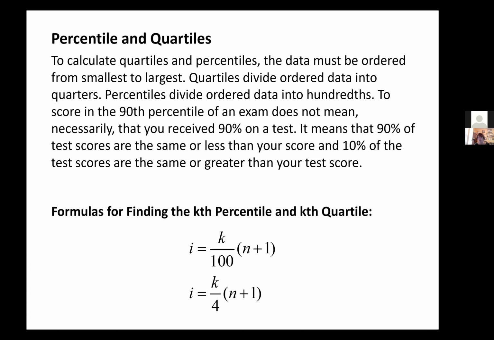So i tells you what data value that is. And we'll do an example here in a second. If you're looking for quartiles, I think quartiles are very easy to find just by looking at your data.